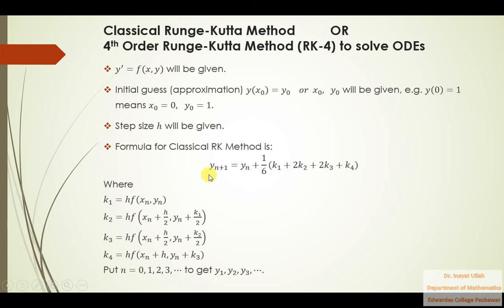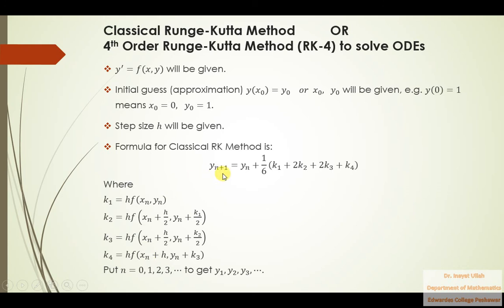Whenever you put n equal to 1, you'll get y2 is equal to y1 plus and so on. Y1 will be obtained in the previous step, and whenever you put n equal to 1 here, that will become x1, y1, and all those xn's and yn's will be replaced accordingly, so you will get y2.